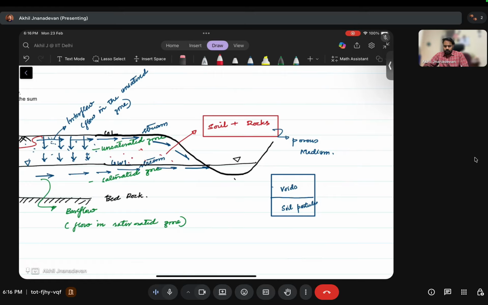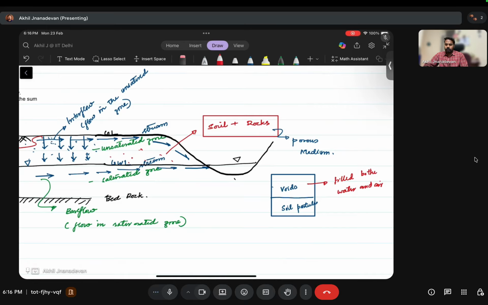Essentially, this void will be filled by both water and air, right? So when the void spaces are completely filled with water, then we call it saturated. That will be a groundwater flow. When these void spaces are partially filled by water, that is called an unsaturated flow or interflow.